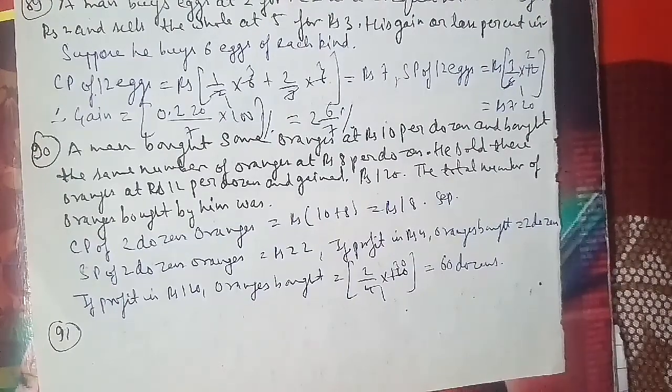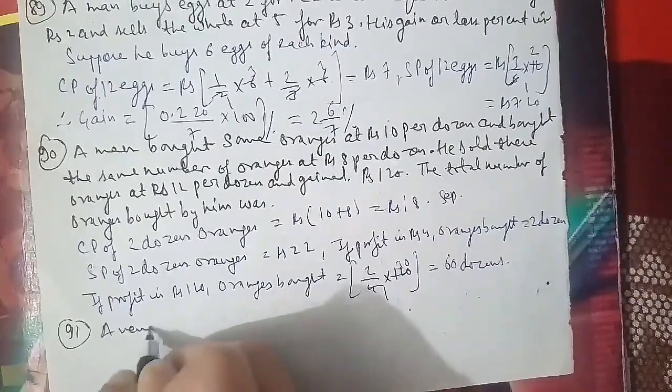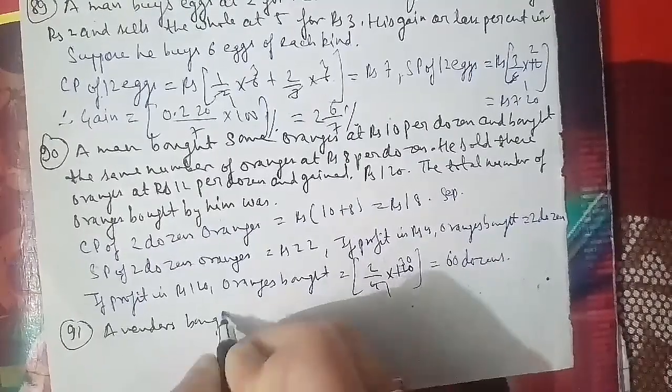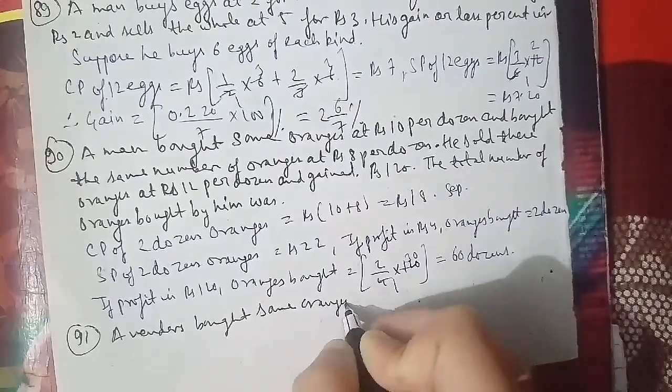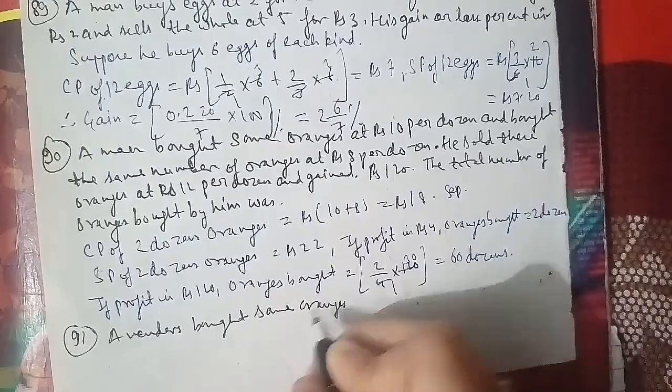How many for a rupee must he sell to gain 20%? This was asked in a CBI examination paper. The options are 3, 4, 5, and 6. So we go ahead for the same.